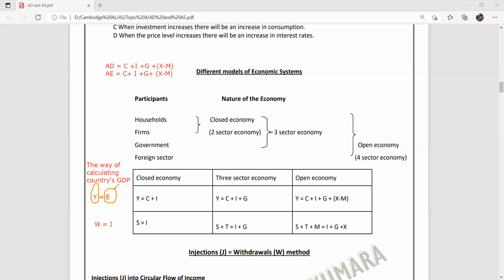At the same time, you may have a doubt whether all the output that the economy produced will be purchased by the sectors in the economy, like participants. Actually, it is not always.